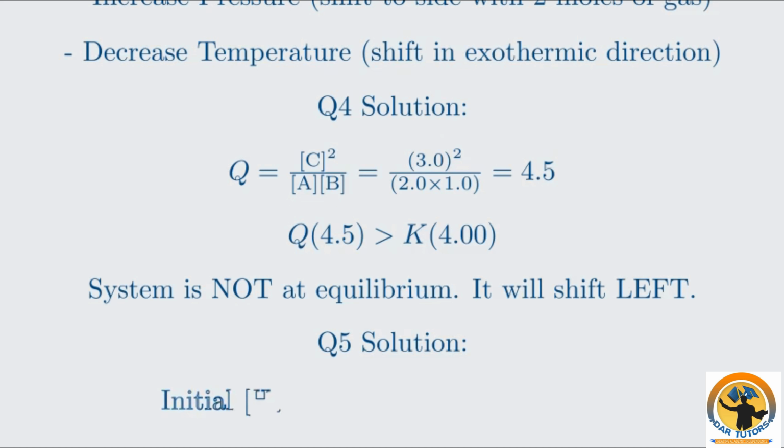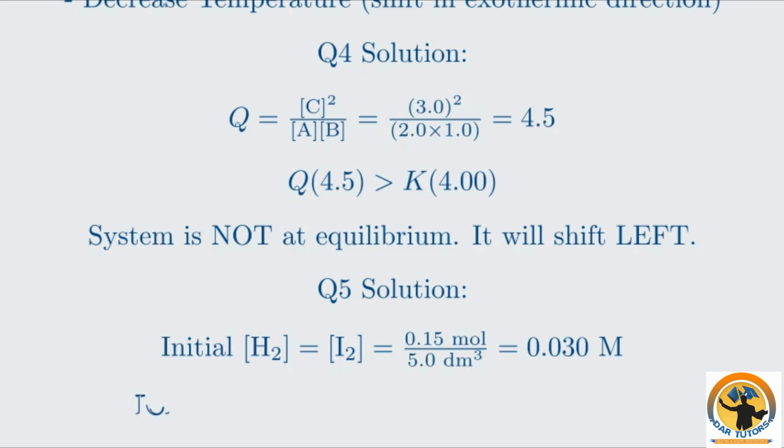Solution to Q5, HL. The initial concentrations are 0.15 divided by 5.0 dm^3, which is 0.030 molar for both H2 and I2. Using the ICE table and solving for x, you should find x equals 0.0234 mol dm^-3.